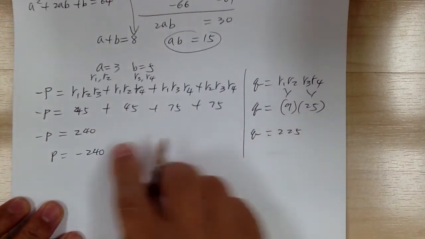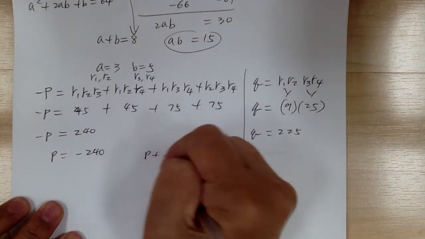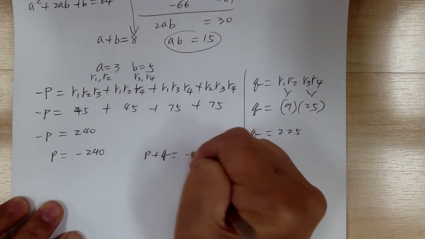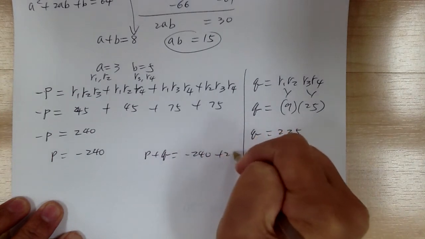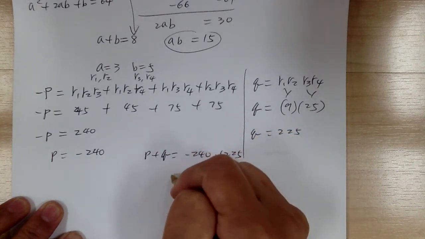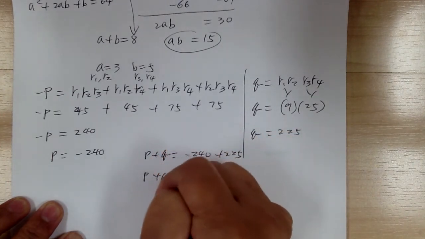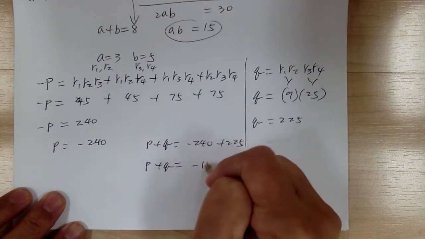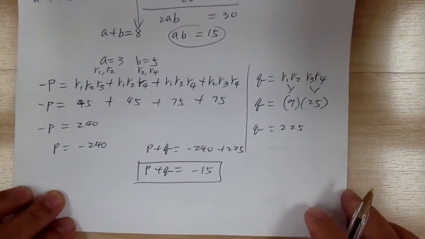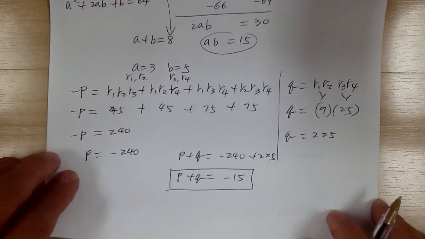Once we find P and Q, we can find P plus Q. So P plus Q equal to negative 240 plus 225, and so this will equal to negative 15. Okay, let's go to the next one.